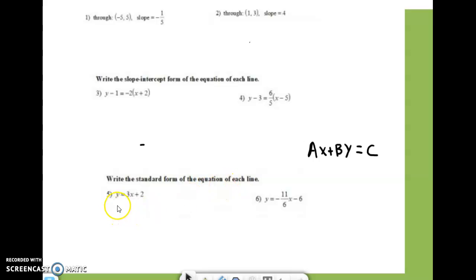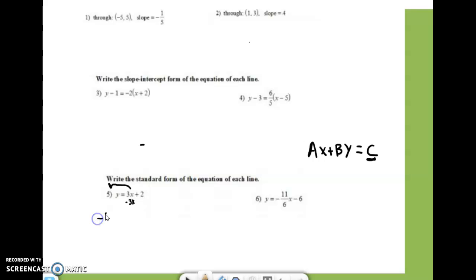So, if you look at this one here, you're really just getting the constant by itself. Well, you'll notice there's no fractions, okay? So basically, if I took the 3x and I moved it over to the other side, I would have to subtract it, right? Wouldn't I have to subtract 3x to get it over there?